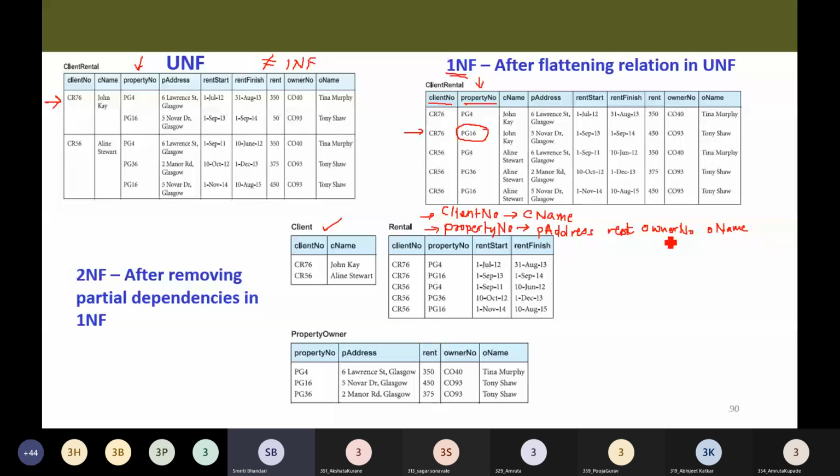For property number determining property address, rent, owner number, owner name, we will be having the separate table denoted here as property owner, and whichever are the attributes, those remain. So what are the attributes remain? Rent start, rent finish are remained. So along with my primary key, we put the remaining attributes in the table and we come up with one more table, that is rental. And this is now our 2NF decomposition.